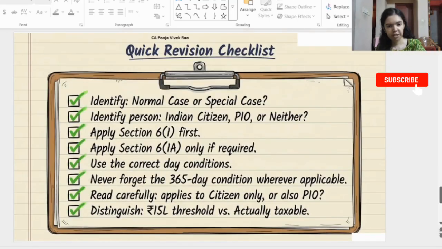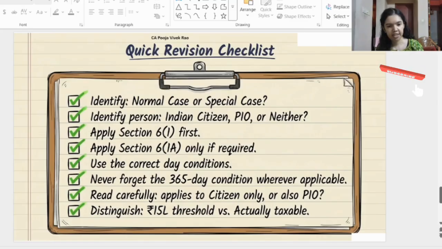So now a quick revision checklist. Before solving any residential status question, follow this sequence. Identify whether it's a special case or normal case. Identify whether the person is an Indian citizen, person of Indian origin or neither. Always apply Section 6(1) first, and then if Section 6(1) is not complied with, only then apply Section 6(1)(a), only if required.